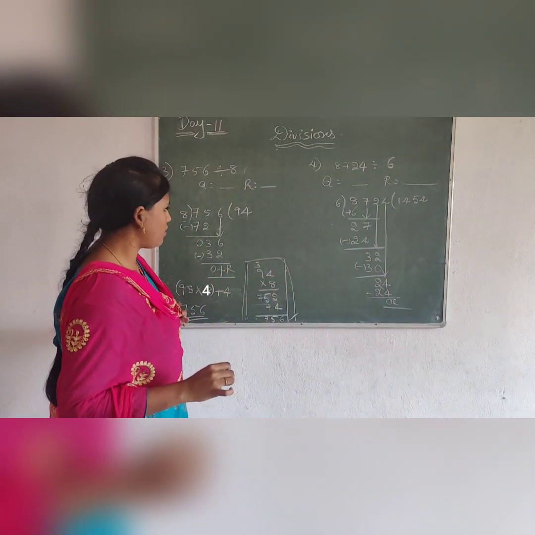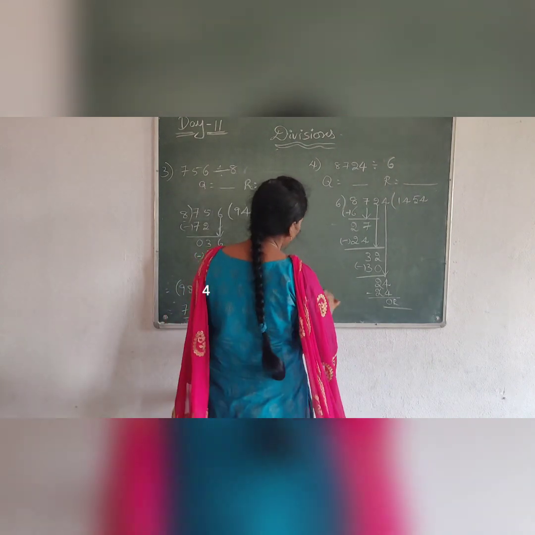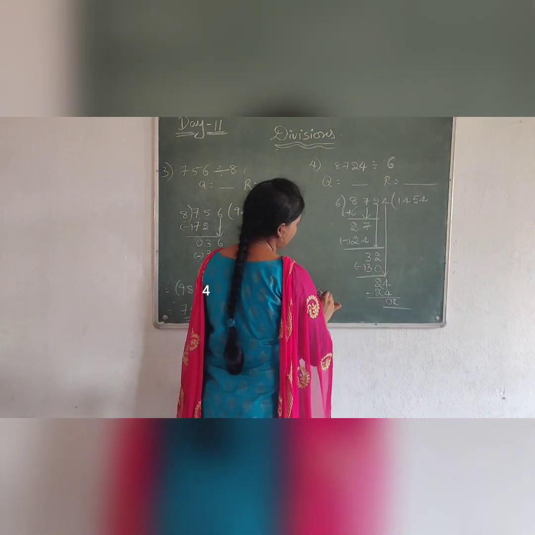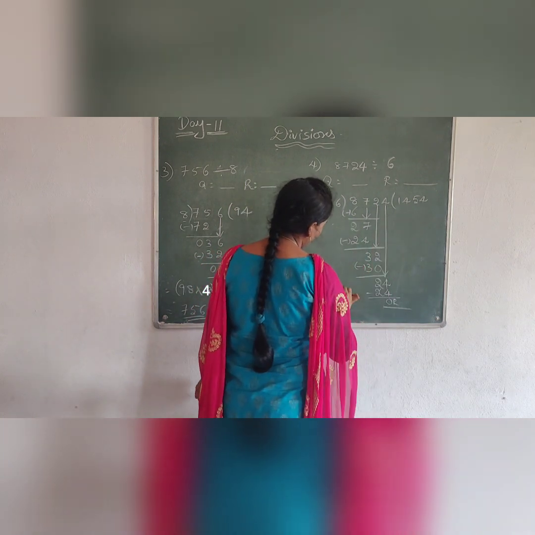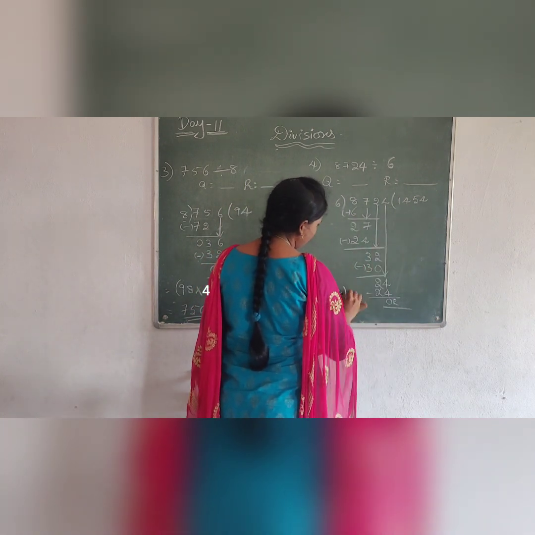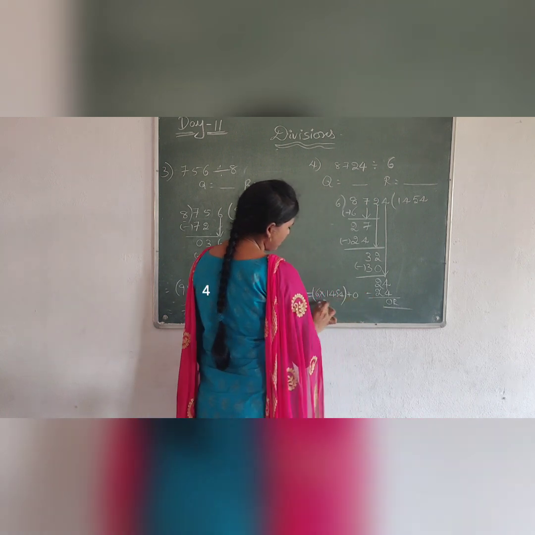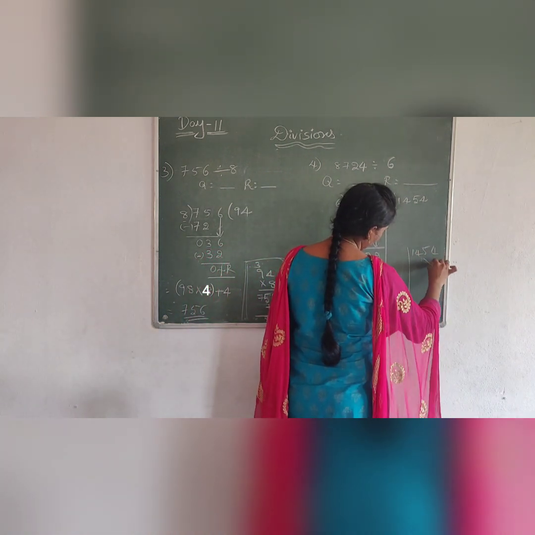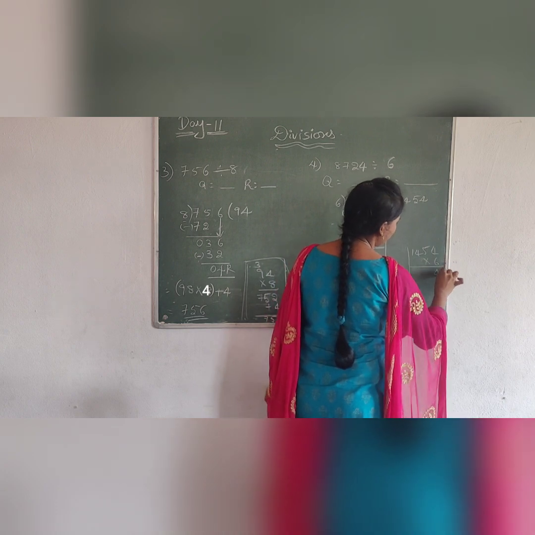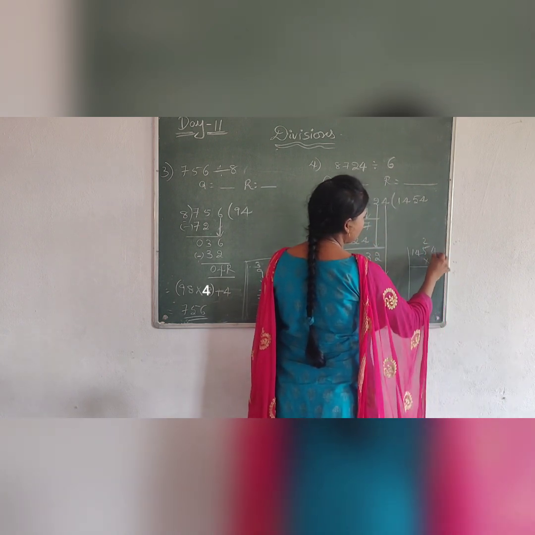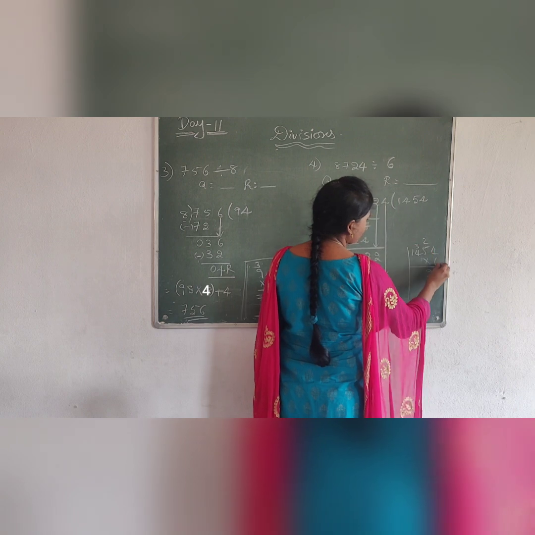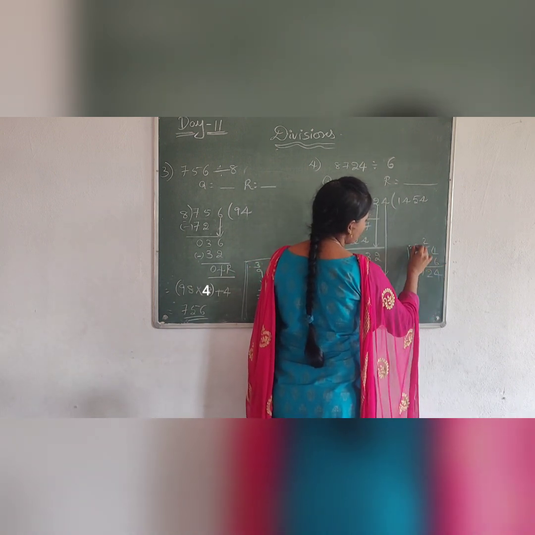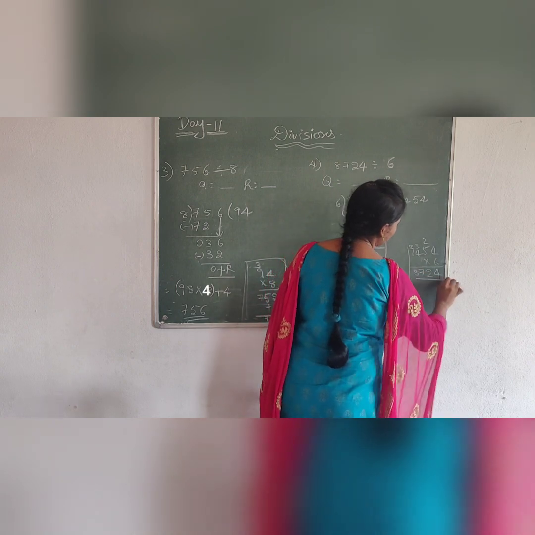Here I already told you. Again do like this. Multiply divisor into quotient. The divisor is 6 and the quotient is 1454. The remainder is 0. Multiply these two numbers. 6 4s is 24. 6 5s is 30 plus 2 is 32. 6 4s is 24 plus 3 is 27. 6 1 is 6 plus 2 is 8.